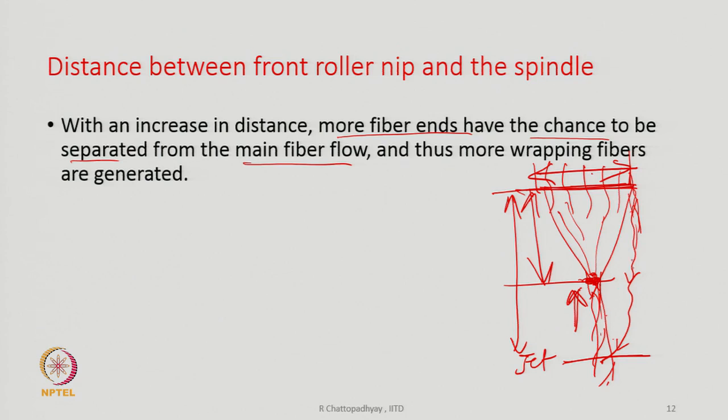They will have space to travel. So, if I create a larger space for the edge fibers to travel and reach the main body of the yarn, they will ultimately lead to longer wraps formation.